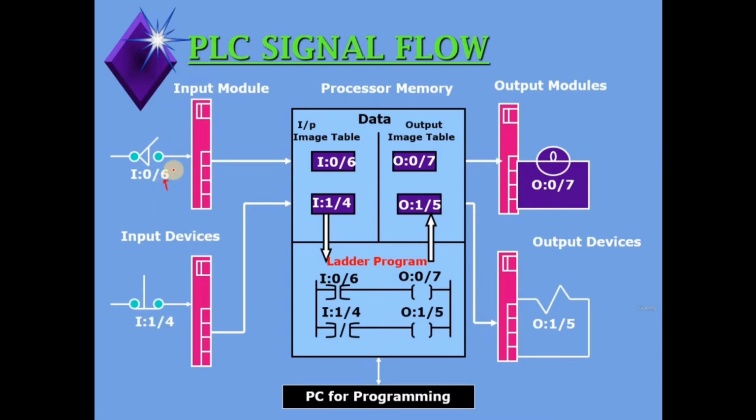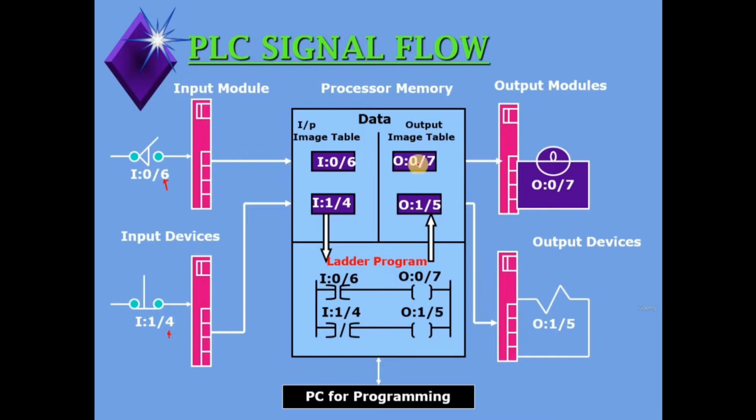In hardware, the 6 means to the 6 number terminal we have connected this input or this switch. Similarly, here you can see 4, which means to the fourth number terminal we have connected the stop push button.